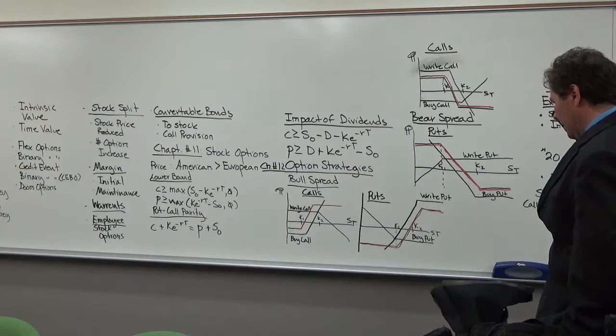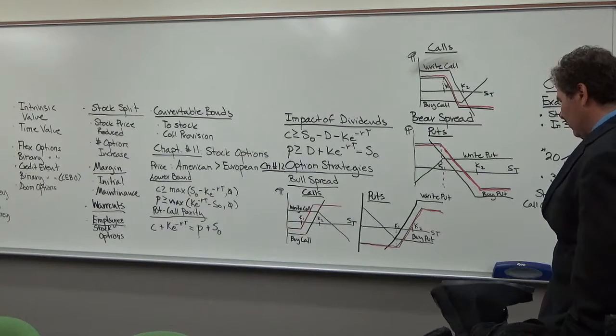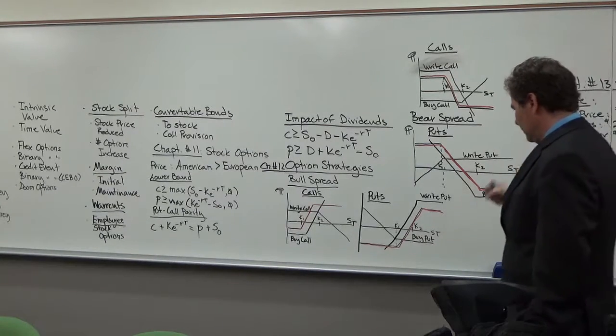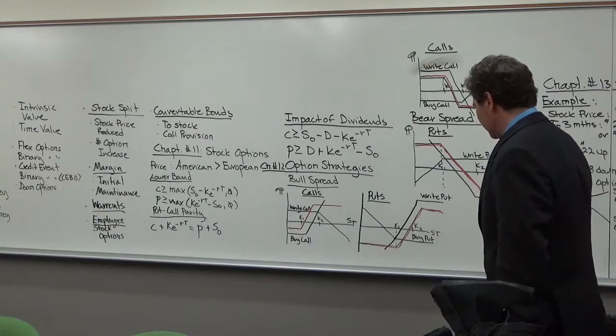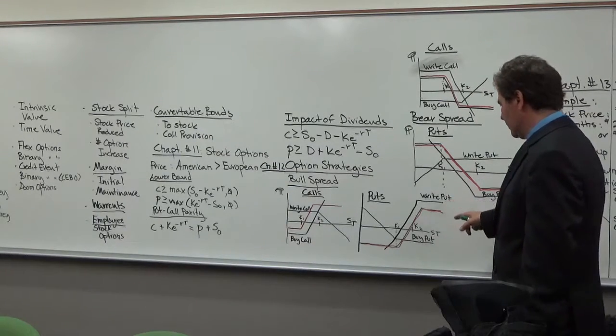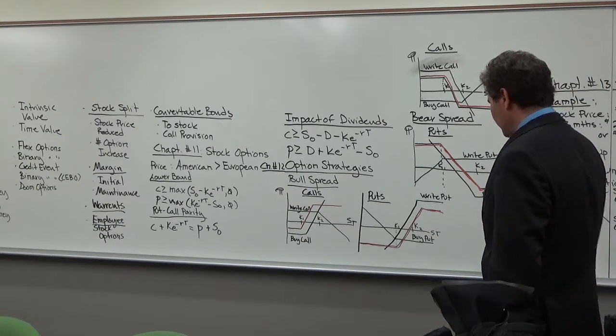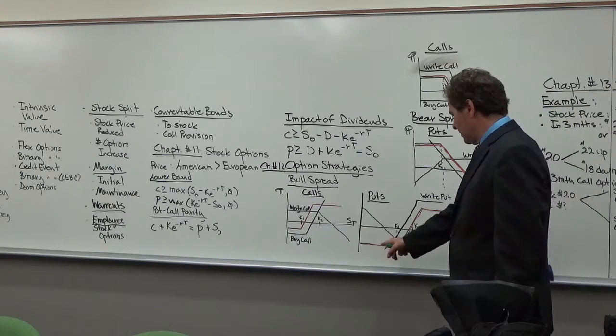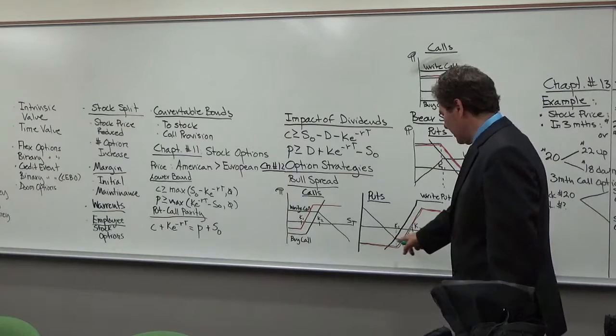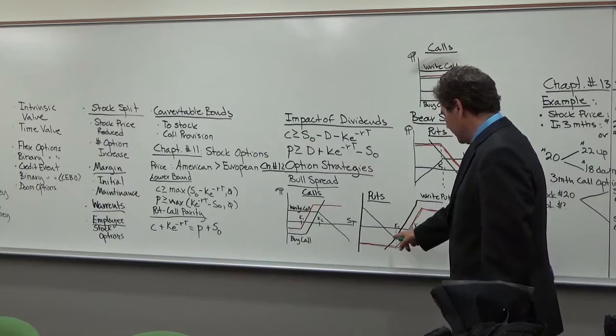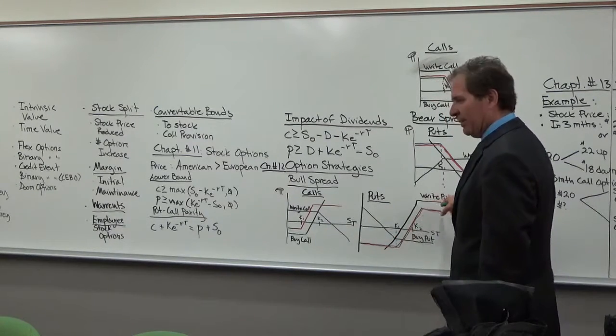You can also do a bull spread on put options. You can buy a put, you can write a put, and then again, what it's going to do is cap the amount in which you can benefit from the put option.